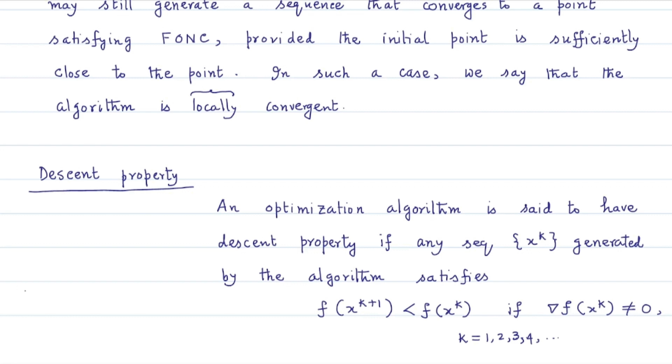Because we all know at a given point x bar, if there is no ups and downs or monotonic nature of the function f, that is grad f x bar is equal to 0, and the Hessian of the function f at the point x bar, which involves the second order partial derivative information, is positive definite, then the point x bar is a local minimum.